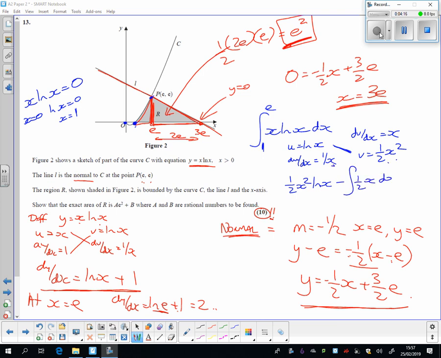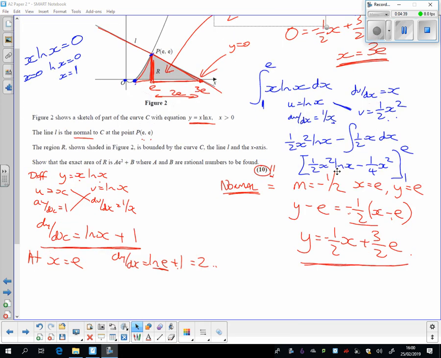So that's that. And so this integral gives this. And we're going between 1 and e. Well, where am I going to do that? Well, let's just pause and get some space.